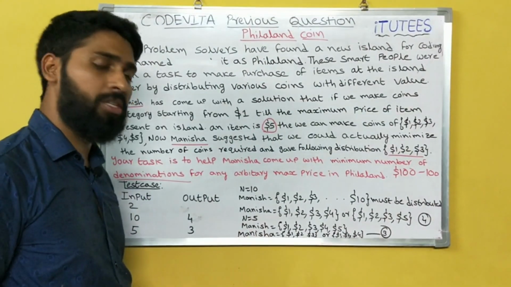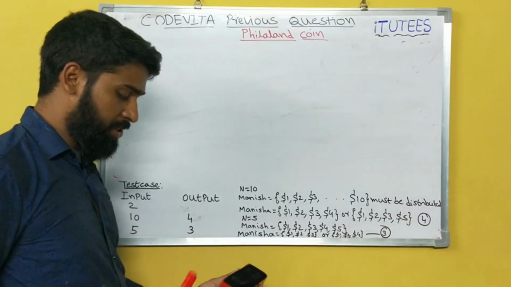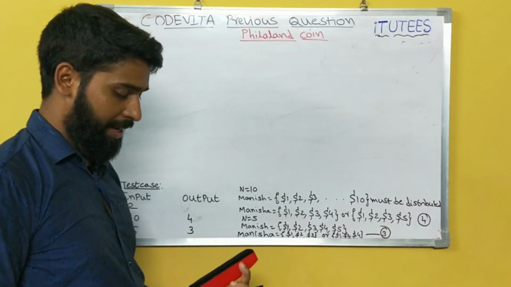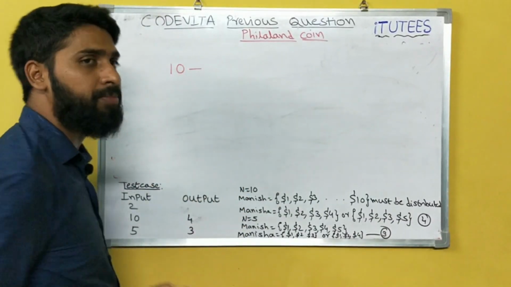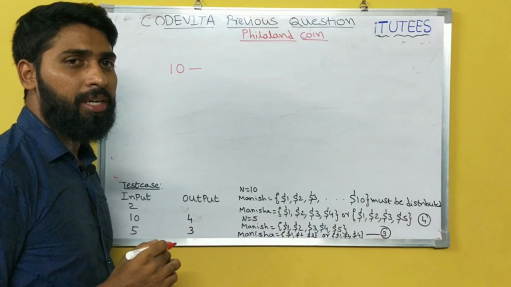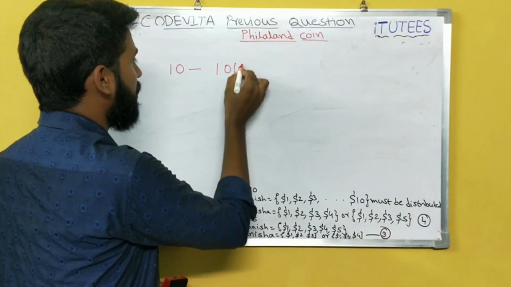This solution is given by my student. He gave a very easy solution for this. For example, the highest price is 10. He said to convert this into a binary number. What is the binary number? 1010.